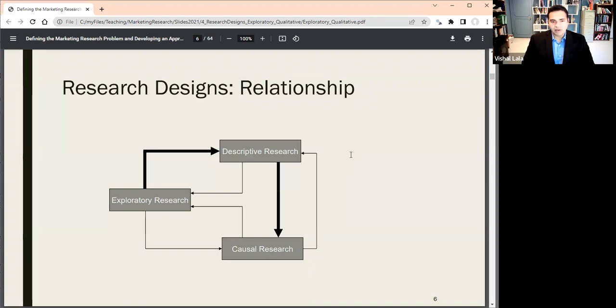If the problem is very clearly structured, one would choose a causal research design, and that would be that. In other cases, one might begin with exploratory, jump to causal, and then decide that maybe some more information is sought after that is best suited to a descriptive research design. Bottom line, the various research designs may be used in a nonlinear, iterative fashion.